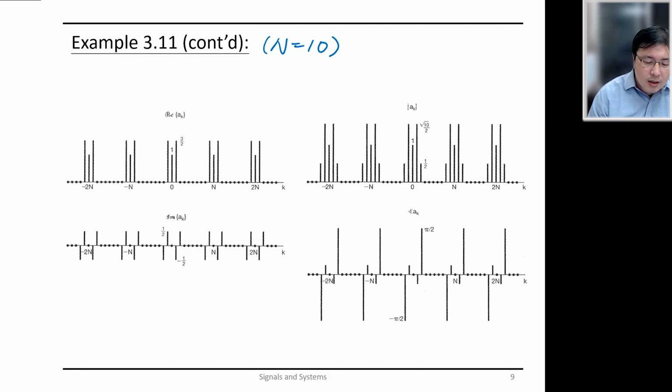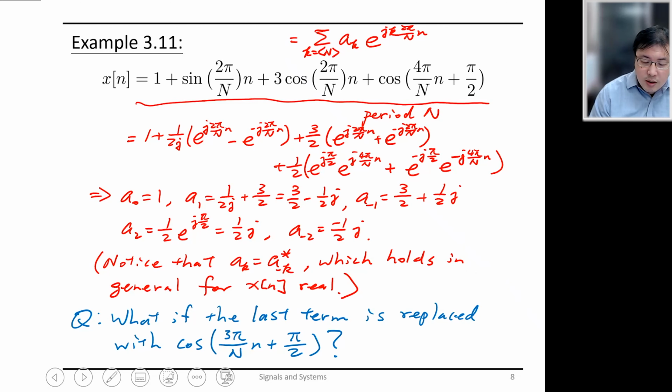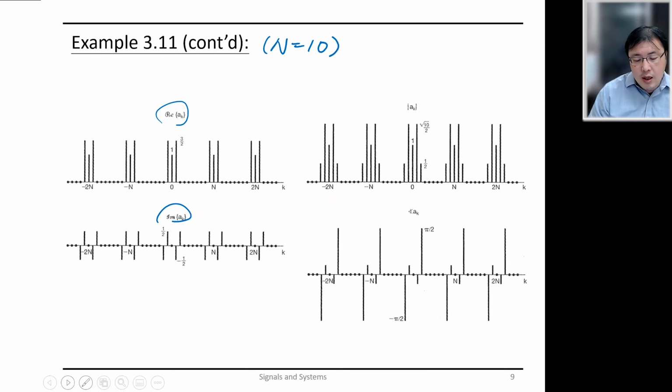So on the left-hand side, we're representing this in terms of its real and imaginary part, because the Fourier series coefficients here are general complex numbers. We often split this into the real and imaginary part, or we express them in terms of magnitude and phase.